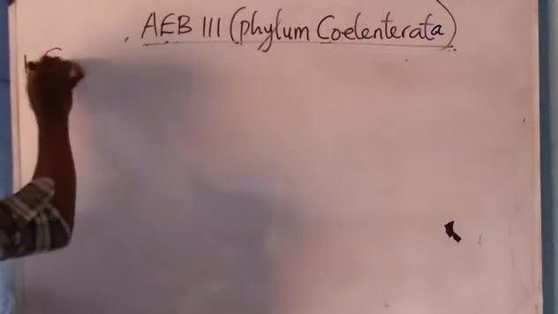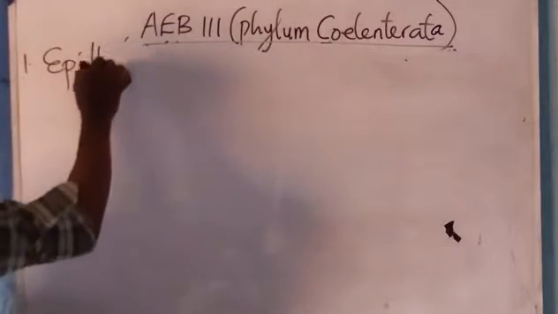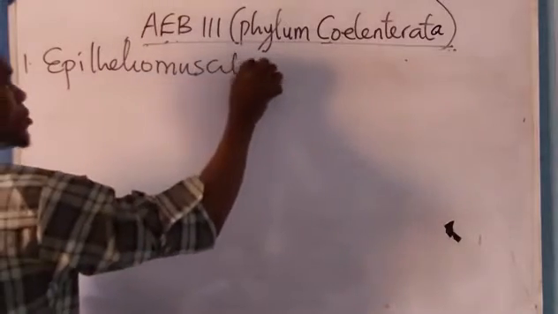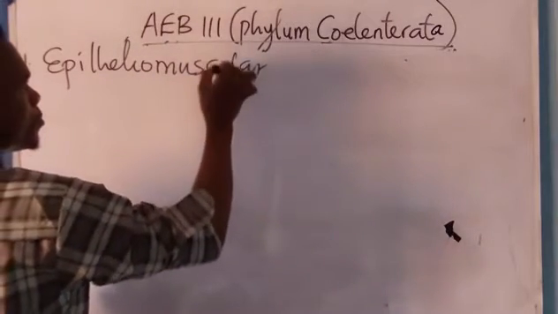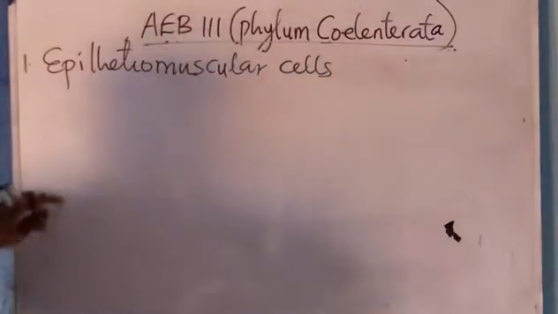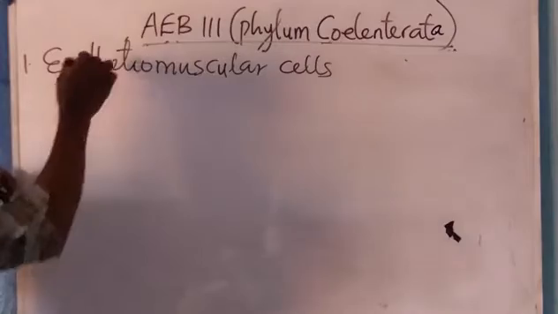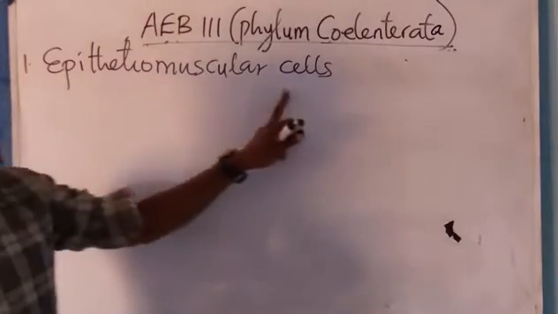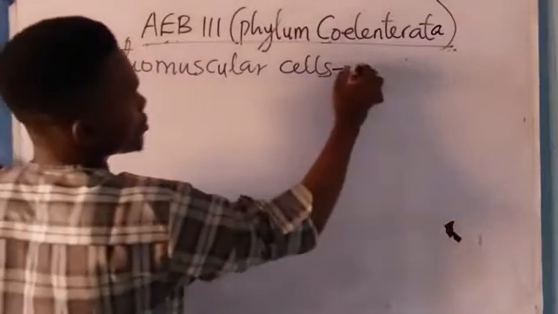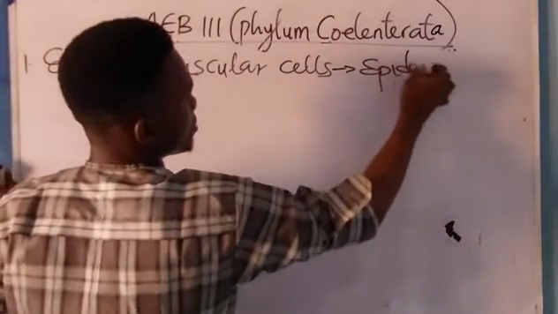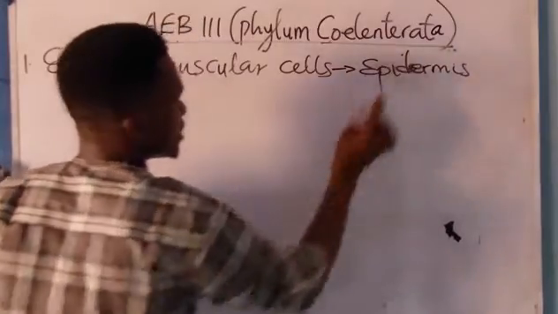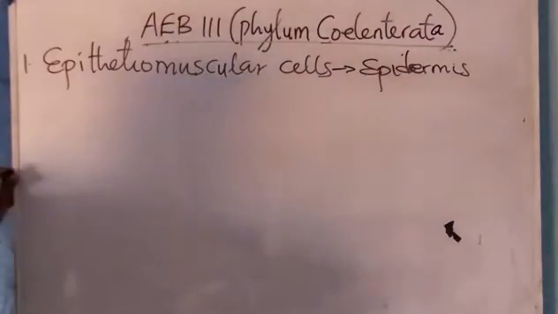Now there are different specialized cells found in Hydra. One is the epitheliomuscular cells. Now, what is the function of these? These cells are found scattered on the epidermis.